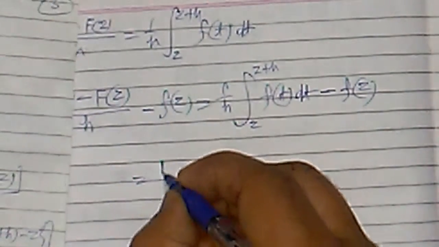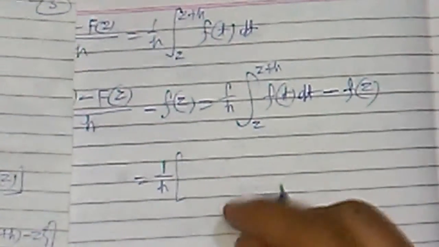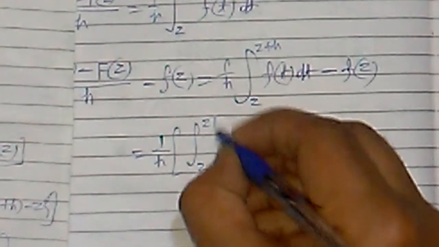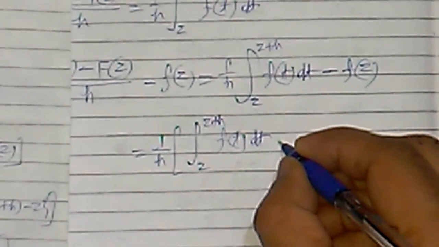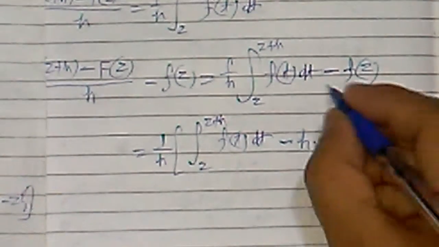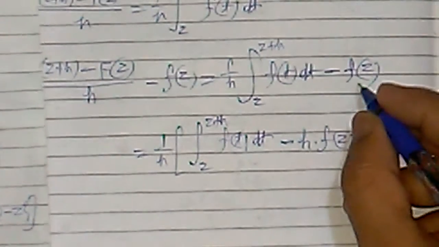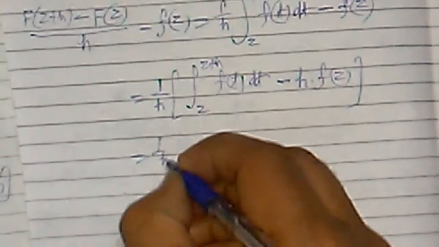We take 1 upon h outside as common. So for the integral from z to z plus h of f(z)dz, if we take 1 upon h out of the bracket, then we must multiply h here, because there is no 1 upon h available in this function f(z) factor, so we multiply h here.